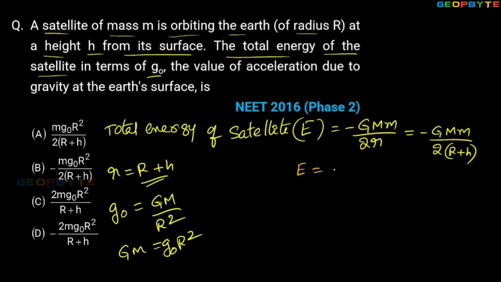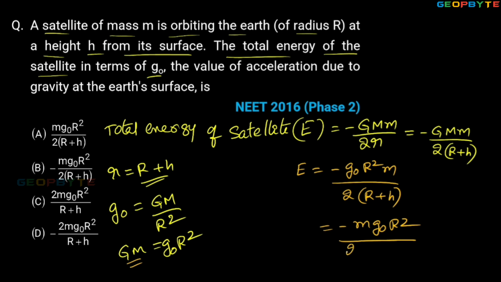E equal to minus GM, equal to g naught R square into m by 2 into R plus h. Can also be written as minus m g naught R square by 2 into R plus h. Now look at the options. Look at option B, m g naught R square by 2 into R plus h. Option B is absolutely correct.